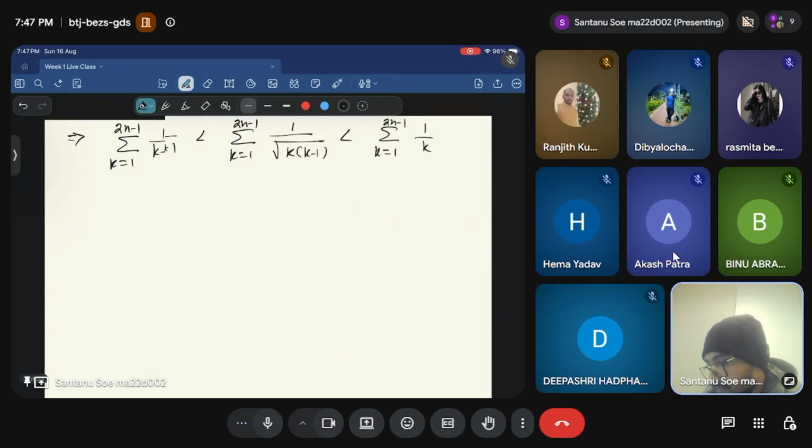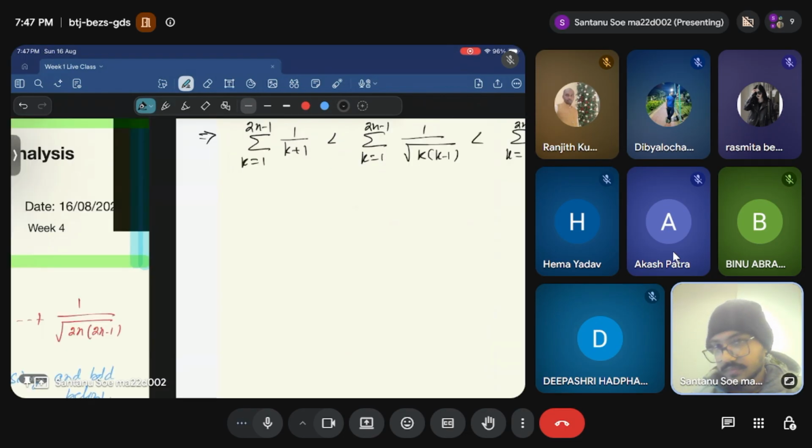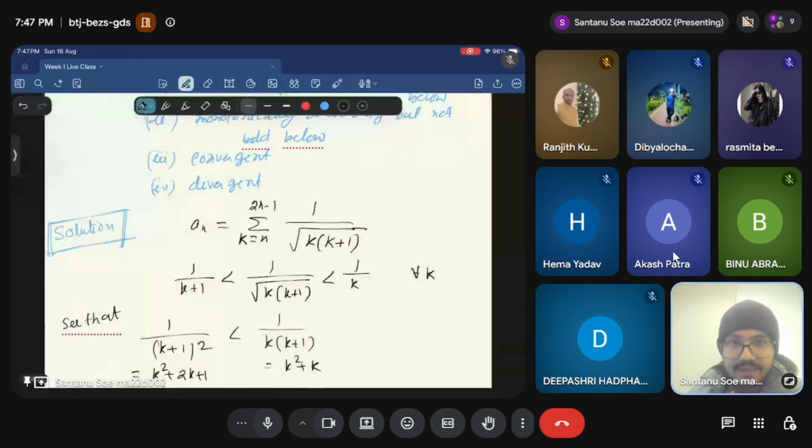This is what we get after taking the summation on all sides of this inequality.